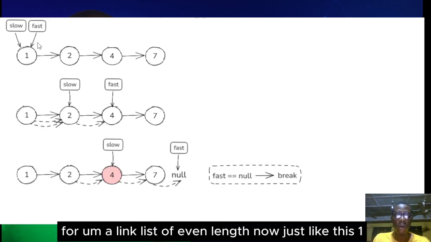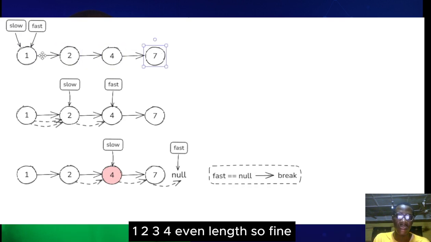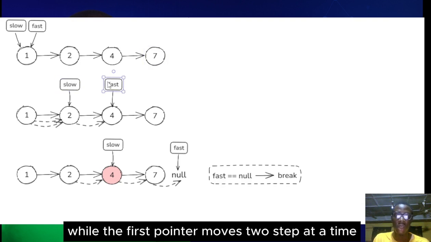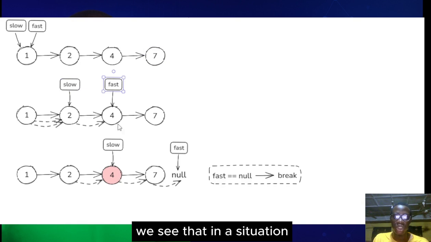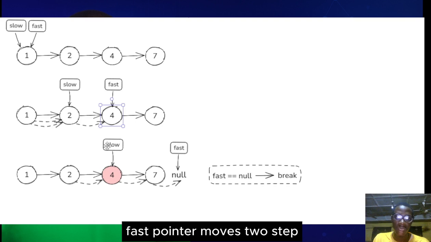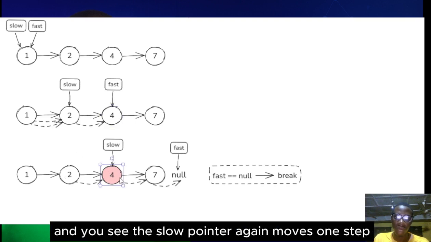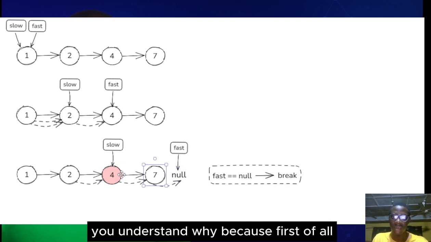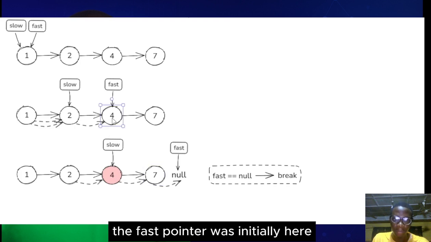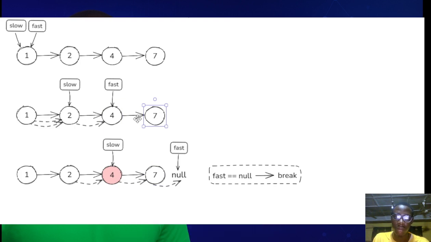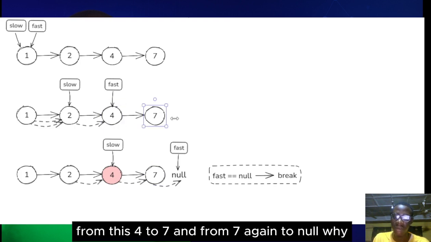So for a linked list of even length, just like this one, 1 2 3 4, they start at the same place and keep moving, the slow pointer one step at a time, while the fast pointer moves two steps at a time. Look at this for instance. The slow pointer moves one step, the fast pointer moves two steps, and the slow pointer again moves one step and the fast pointer moves two steps. You understand why? Because the fast pointer was initially here, and then it moves two steps, from 4 to 7, and from 7 again to null.